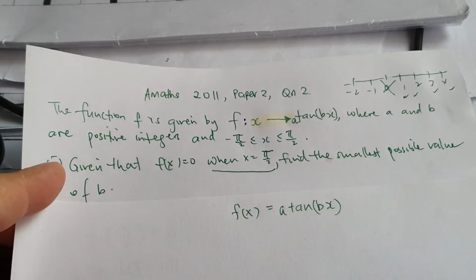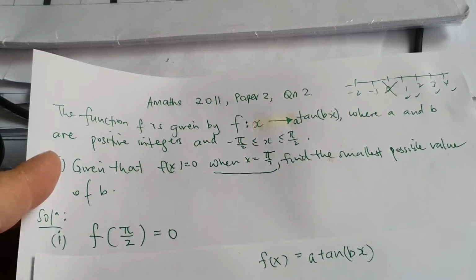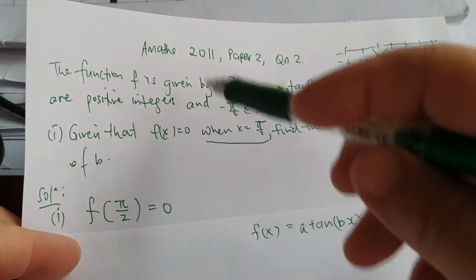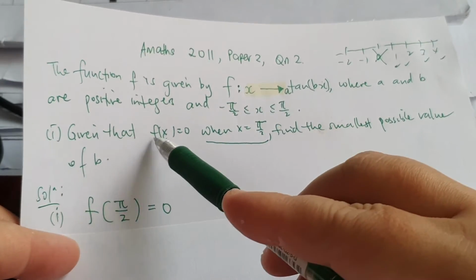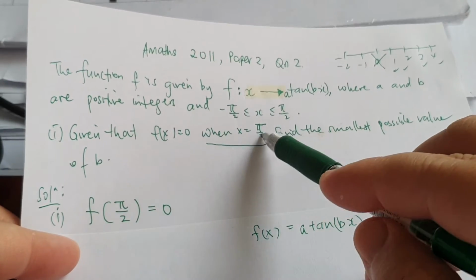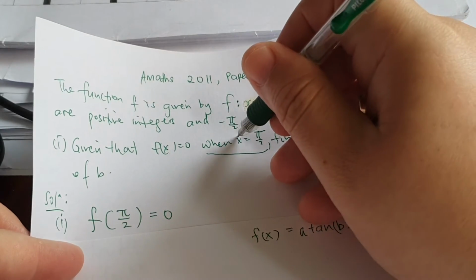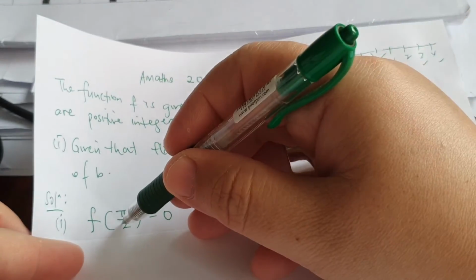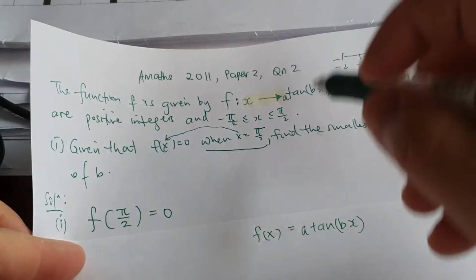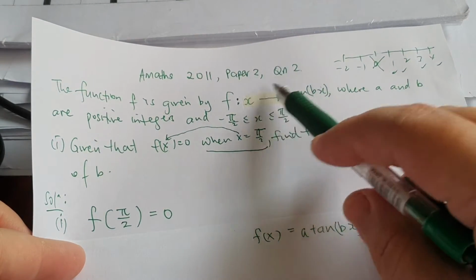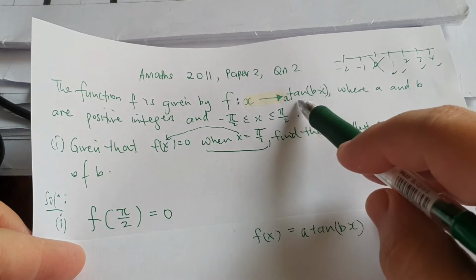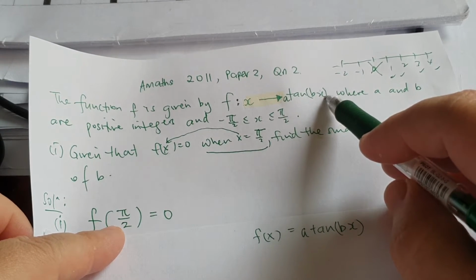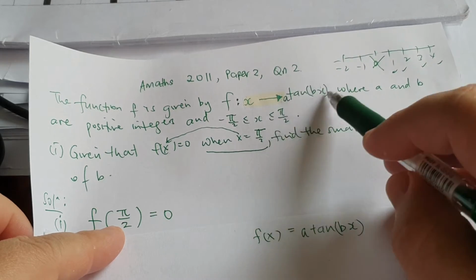So this is what I'm going to do. I want to clarify this first step that I've written here. Given that f(x) equals 0 when x equals π/2, that means when I replace this x with π/2, the answer that I'll get is equal to 0.